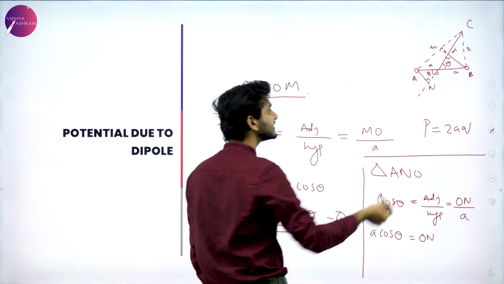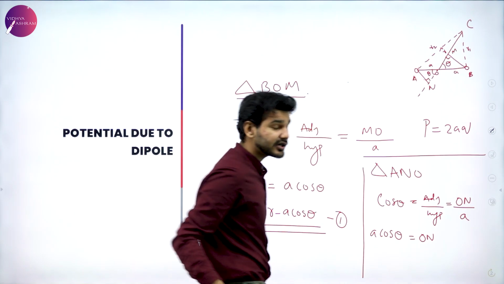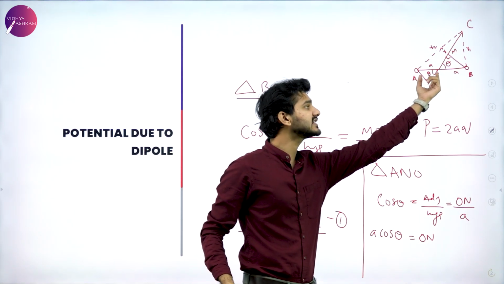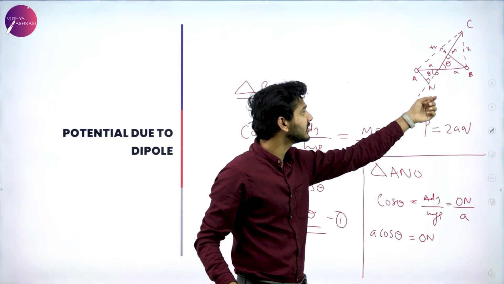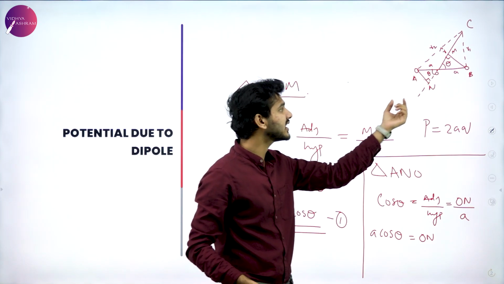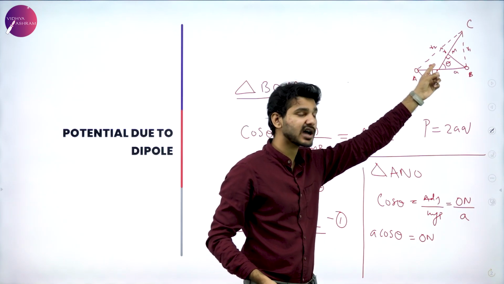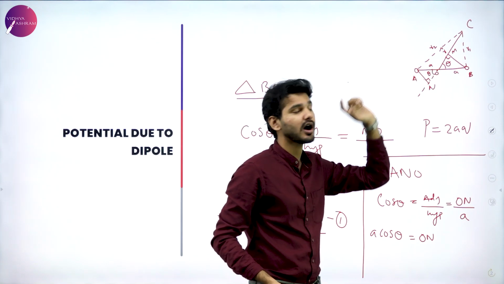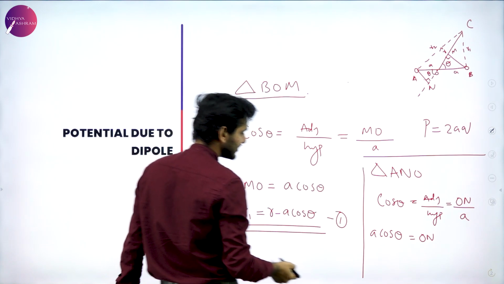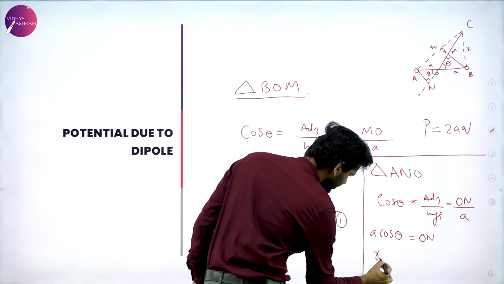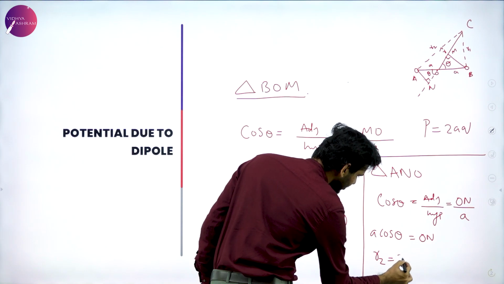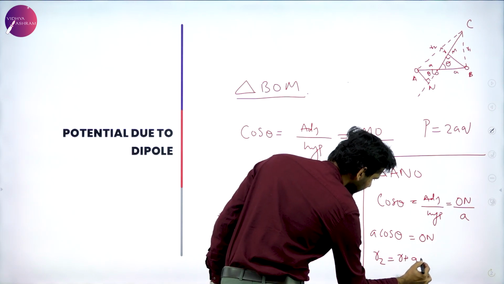In order to find the distance CA, that is R2, we can just extrapolate this line backwards, draw a normal, and then solve it. Then we can find the distance ON, and if we add that to the distance R, we will get R2. So we can write R2 will be equal to R plus A cos theta.